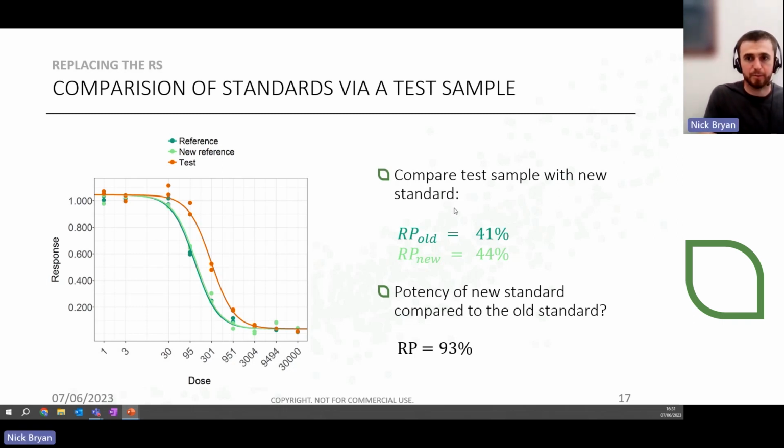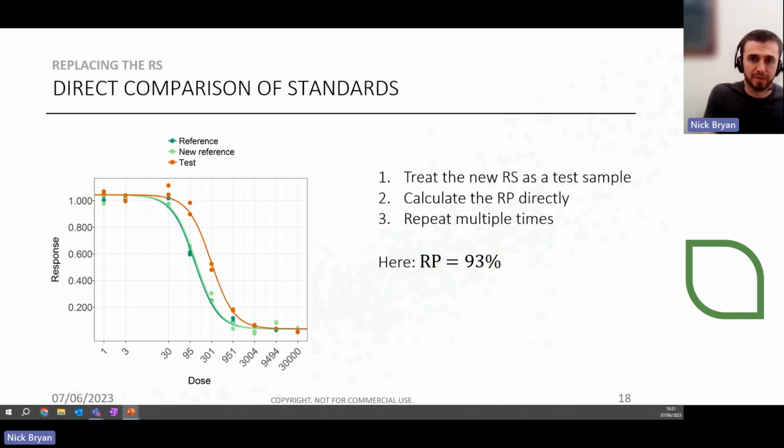And we can calculate that from the ratio of these old and new test sample measurements. However, we don't have to use the test sample as a comparative tool. We can do a direct head-to-head comparison of the new and old reference standard.